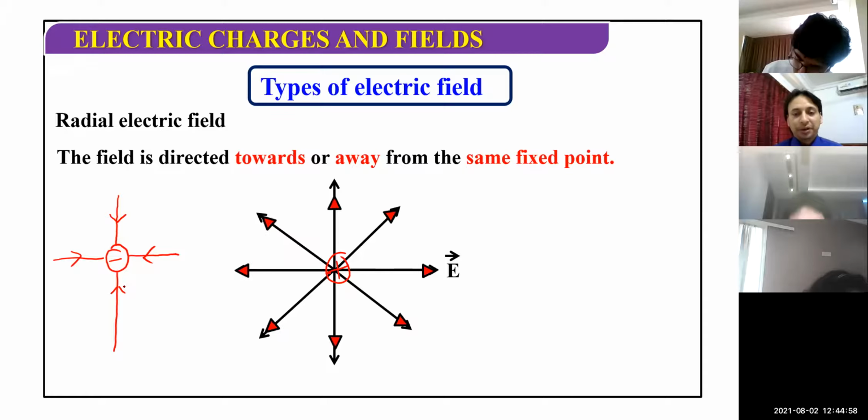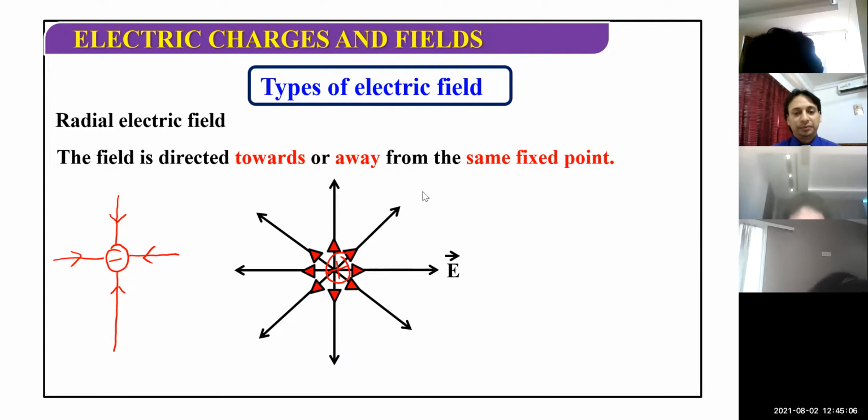Please remember. So radial electric field means the field is directed towards or away from the same fixed point. Towards means a negatively charged body. Away means a positively charged body. Please remember the direction of electric fields.